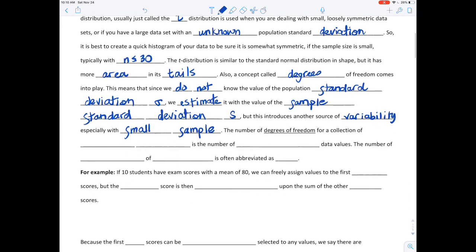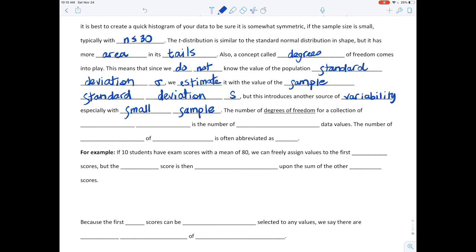So the number of degrees of freedom for a collection of sample data is the number of independent data values. The number of degrees of freedom is often abbreviated as DF, unsurprisingly.